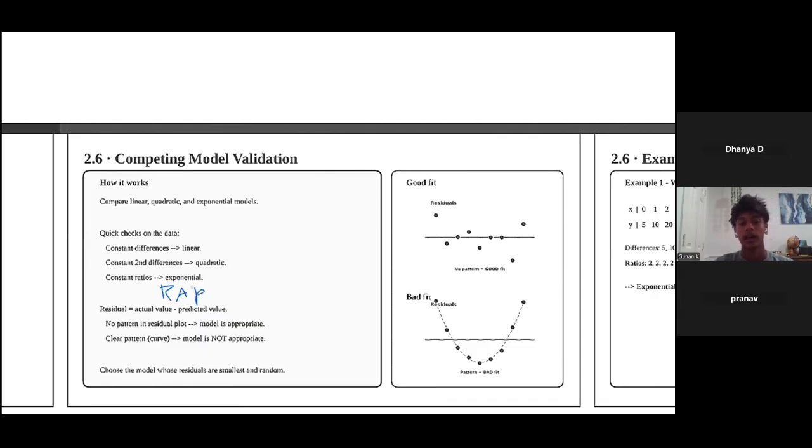Or if there's another way you find to remember it, then whatever works for you, but RAP is the most common analogy that I've heard, and you just gotta remember that. So for example, if the actual value is 5, but a model we used predicted that it was 7, then our residual would be -2.